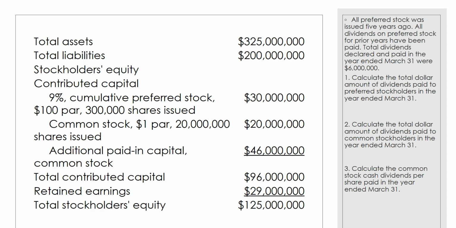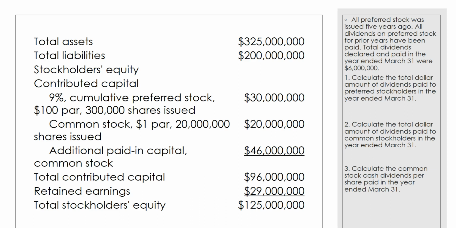So they could just skip this period. They don't have to make it up next period. If the preferred stock is cumulative, that means that every preferred stock dividend that is missed has to be made up. So if they missed preferred stock dividends for 2 years, they would have to pay all of those dividends in arrears before they could pay common shareholders anything.